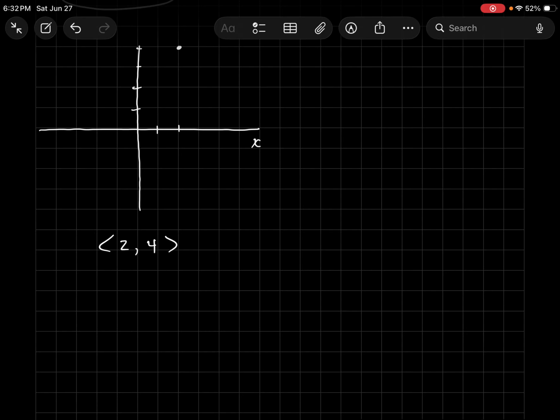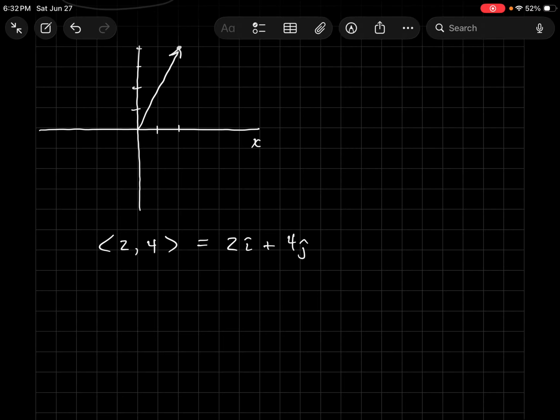And since I don't tell you where it starts, we're going to assume it starts at the origin and points toward that point. Now, I could write this, as kind of alluded to earlier, as the vector 2i plus 4j.